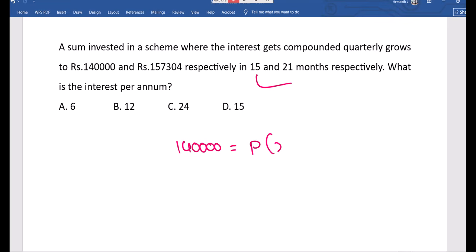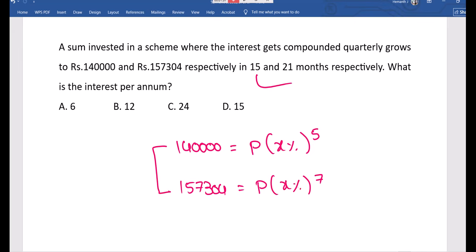P into some x percent whole power 5. 5 quarterlies will be there. Whereas it becomes 1,57,304 in 7 quarterlies. The question is regarding the rate of interest, not x. x is 100 something, like 100%.